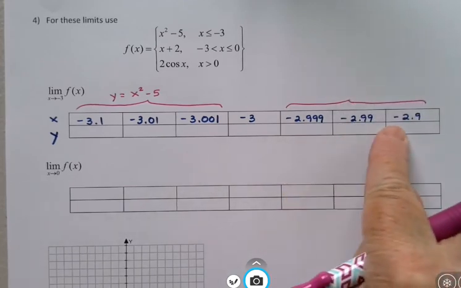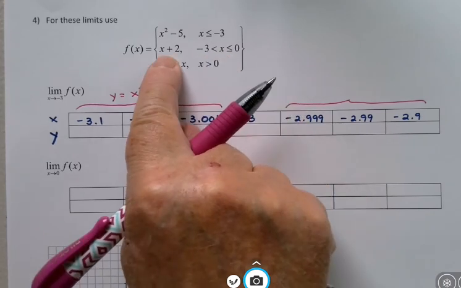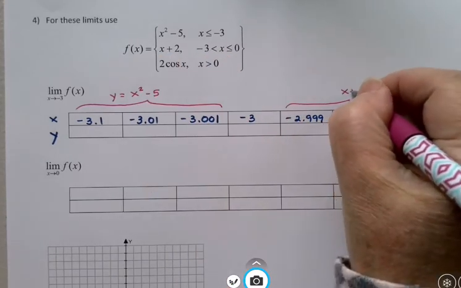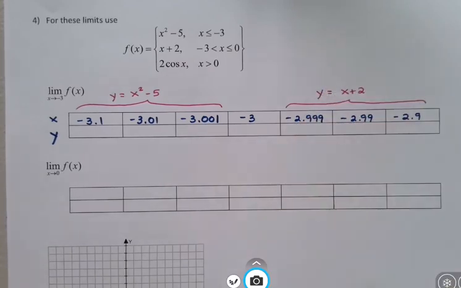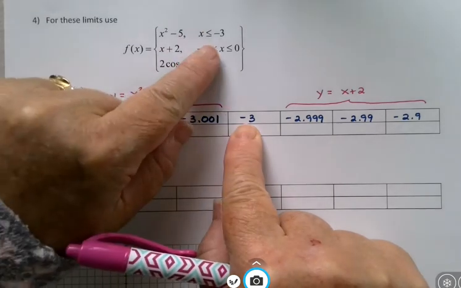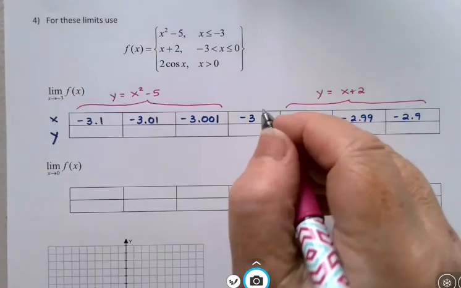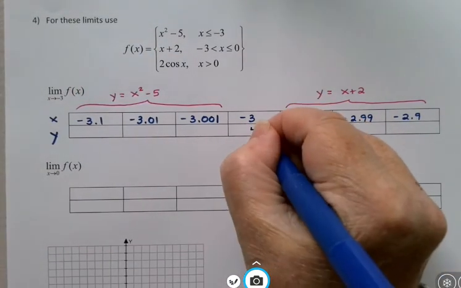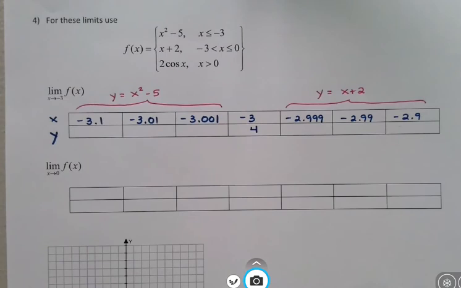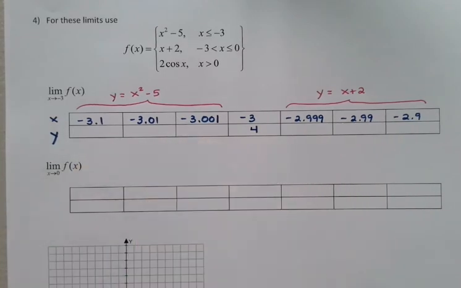These numbers are all bigger than -3, specifically between -3 and 0, so I'm going to use the function x plus 2 to generate the y values here. Notice right at -3, the equality is here, so I can do that one in my head. That would be 9 minus 5, which is definitely going to give me a 4. So something a little bit different: usually we've been seeing undefined for the value that x is approaching. This time we actually have a y value. All right, so again, I'm just going to go ahead and fill those in for us. Not difficult to generate those values.